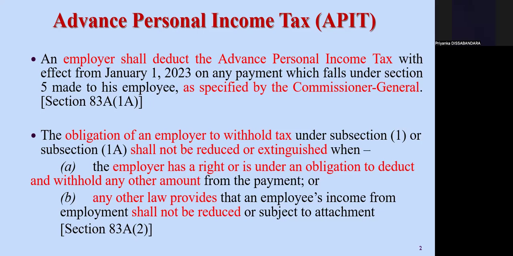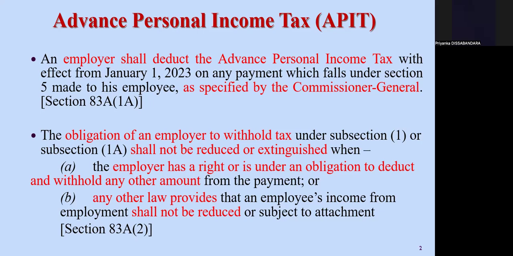Under section 83, there are provisions for the employer to deduct withholding tax on employment income. At that time, we called it withholding tax. In the Principal Act, it was withholding tax on employment income.